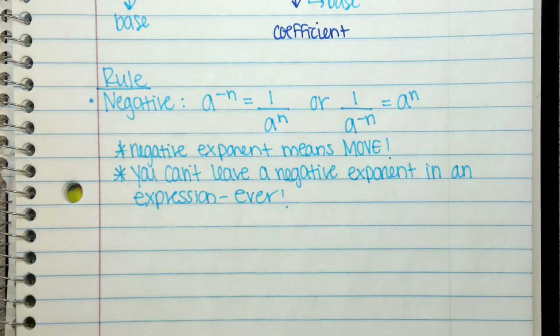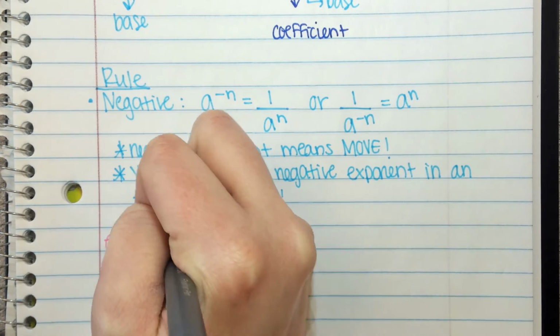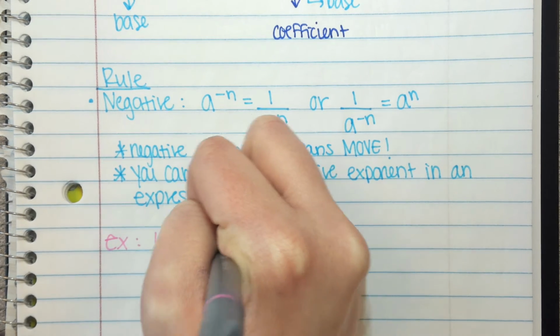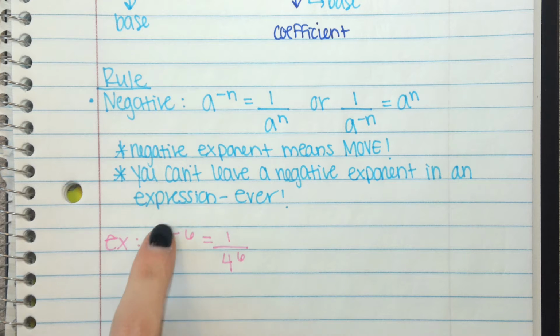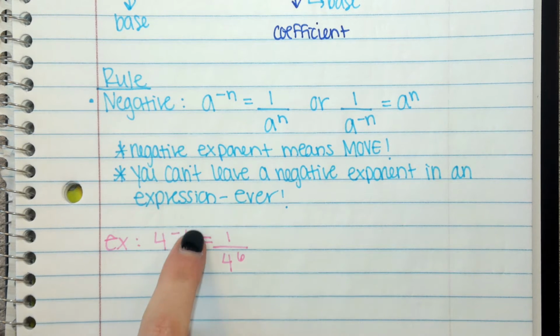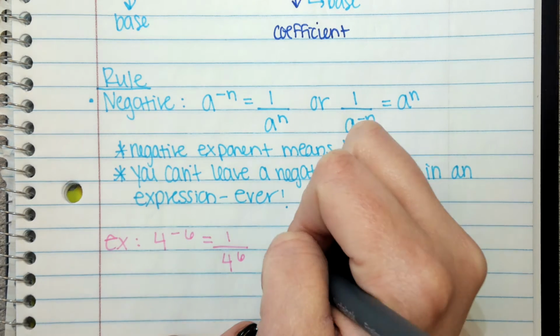So let's see. If you were given 4 to the negative 6th power, you would rewrite that as 1 over 4 to the positive 6. So that does not mean a negative number. It means we put this in the denominator. We change the exponent to positive and put a placeholder of 1 on top. Okay.